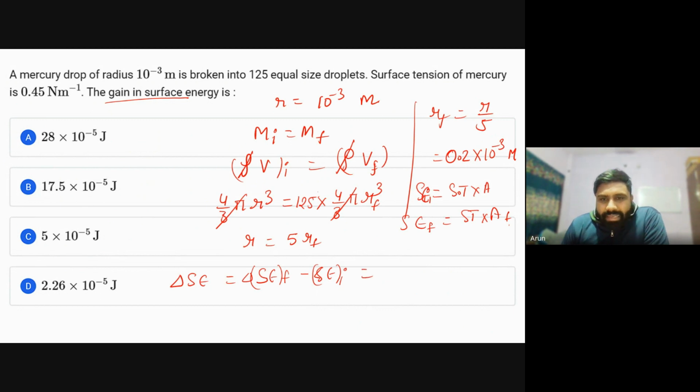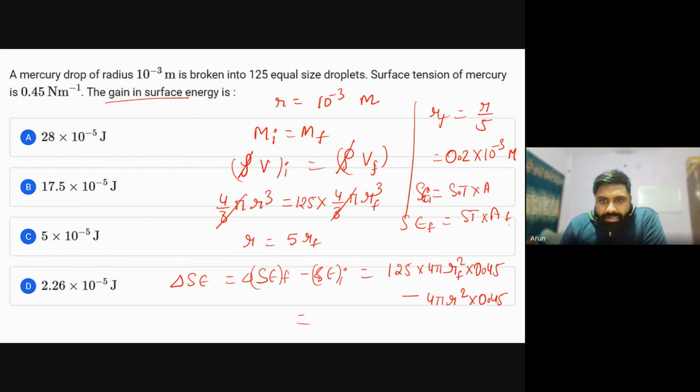So finally you will have 125 droplets, with 4 pi r final square as the area, multiplied by surface tension, let's say 0.45, minus the initial, which is 4 pi R square times surface tension 0.45. Only this one drop you have initially.